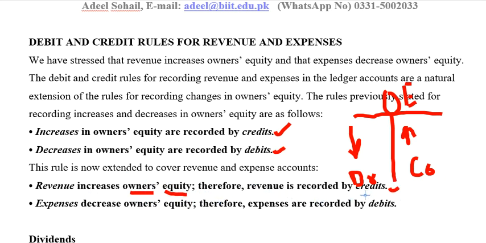And expenses decrease the owner equity, therefore expense will be recorded as a debit. Fine, that is basically the rule that I am revising. Revenue increases the owner equity, so we write it in the credit. Revenue is always recorded as a credit, and expense is always recorded as a debit, because it decreases the owner equity.